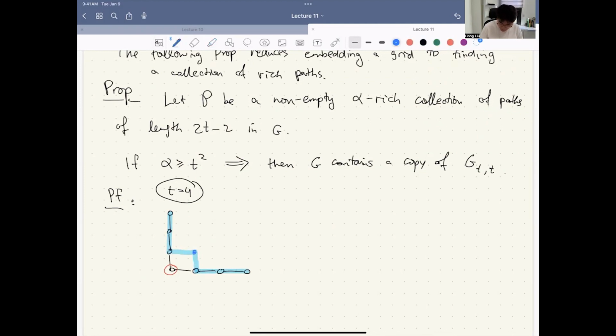So I can find a new vertex to replace this red one. I switch from the original path, replace it, and I grow one cell. Now I repeat this process. Let's try again.